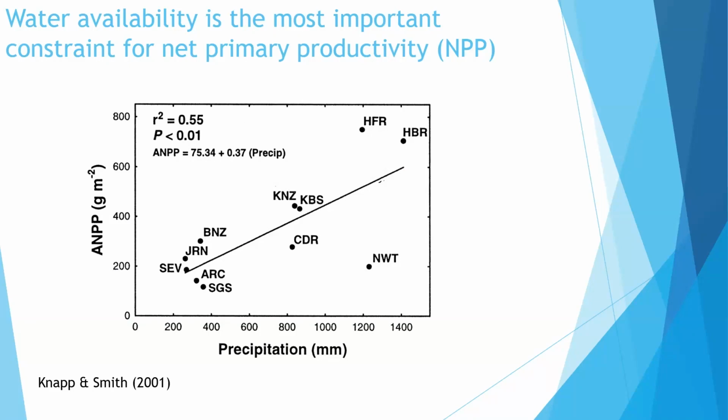And there's lots of classic ecological research studies that have shown that net primary productivity is largely a function of the availability of water.